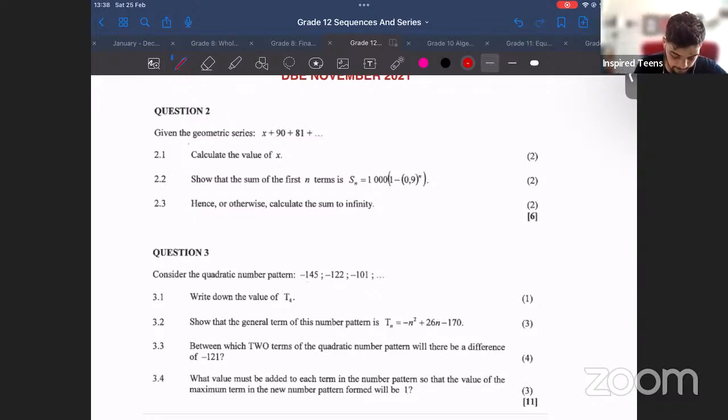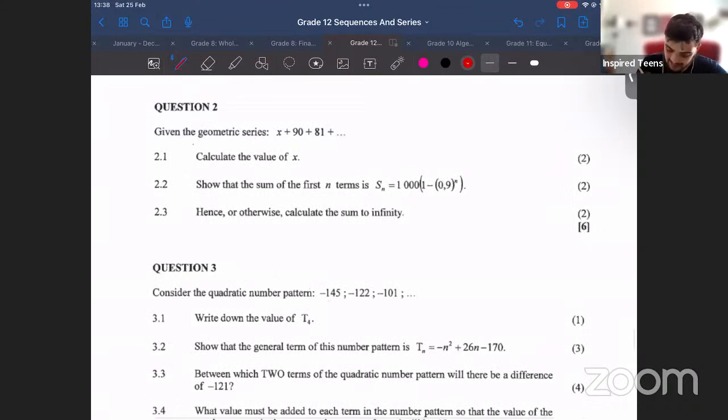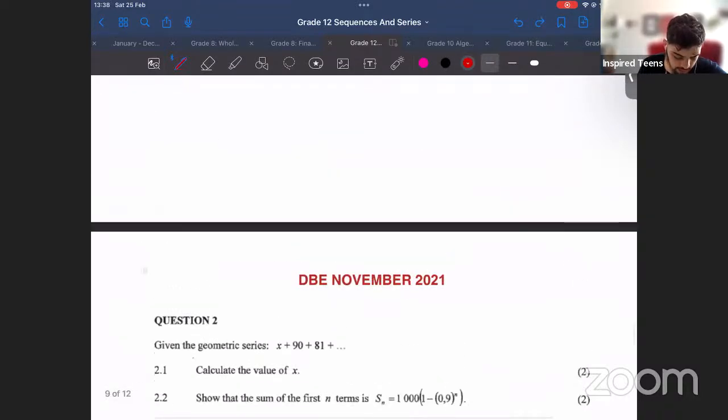Given the geometric sequence, it is x plus 90 plus 81. Calculate the value of x. That could be simple because we could utilize r. Let me get the memo.